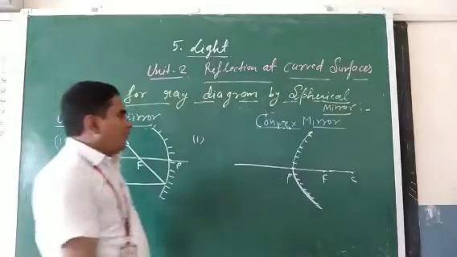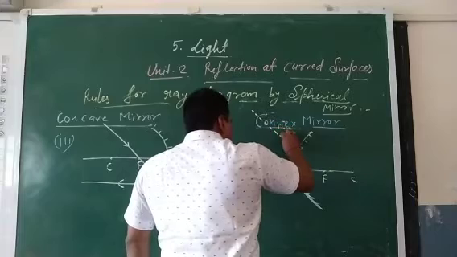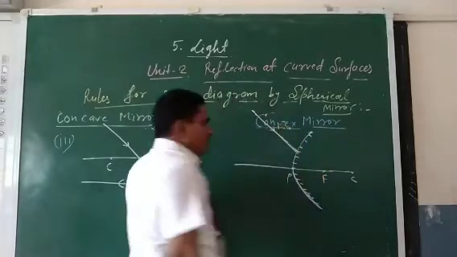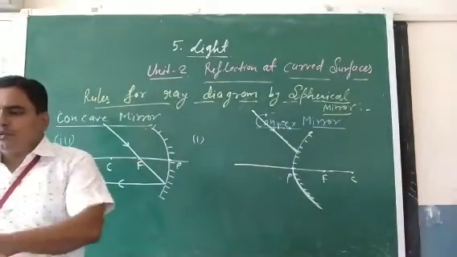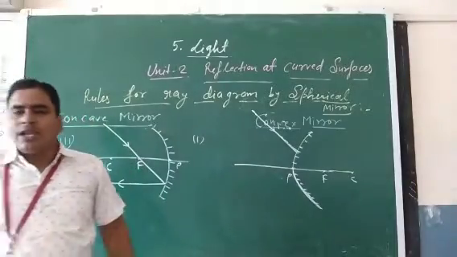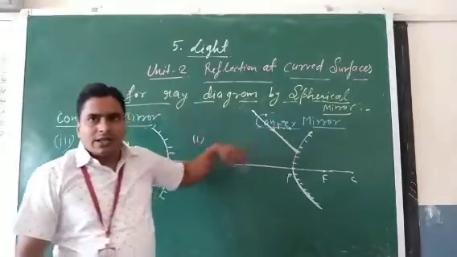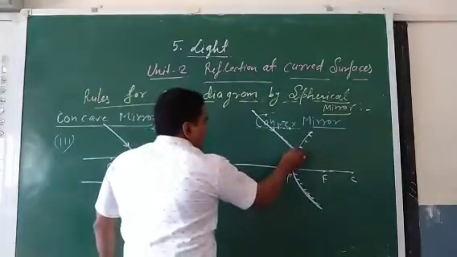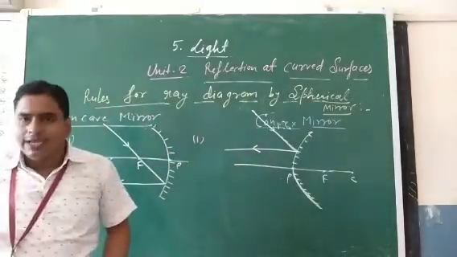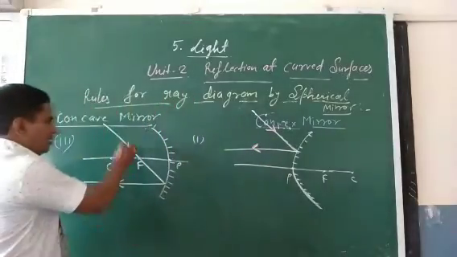So when a ray appears to pass through the focus, when a ray of light appears to travel around the principal focus, then after reflection, again it becomes parallel to the principal axis. Clear, students?